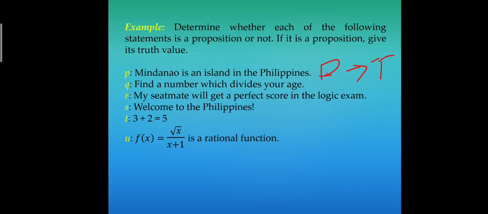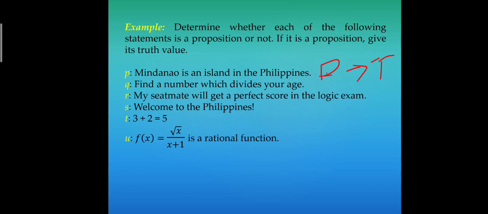For an expression to be a polynomial, it must not have a radical symbol, a fractional exponent, and a negative exponent. In this case, it violates one of the conditions, that it must not have a radical symbol. So therefore, its truth value is false.